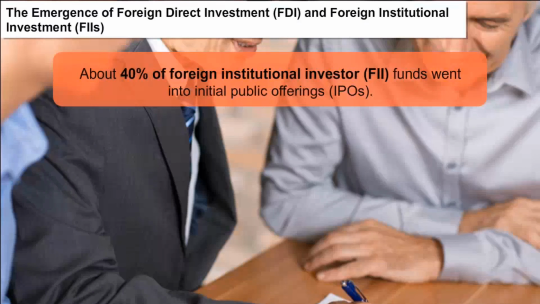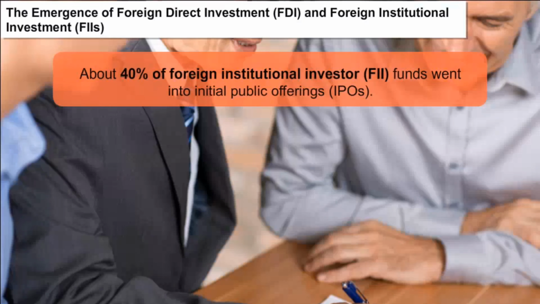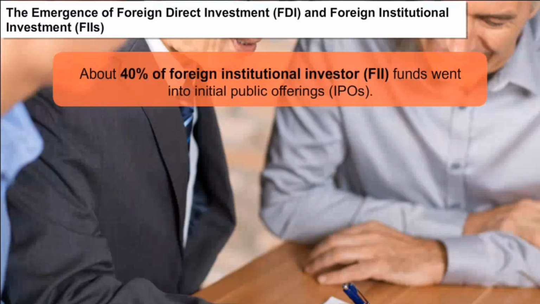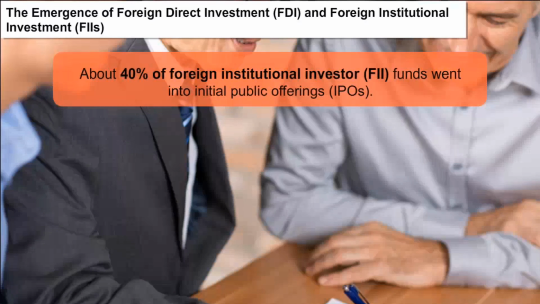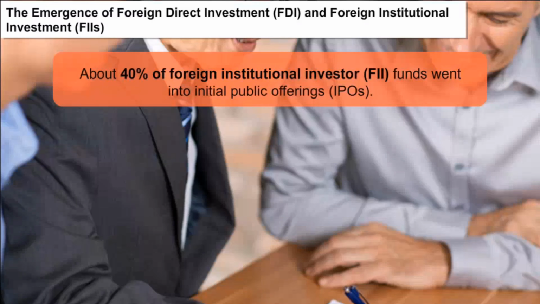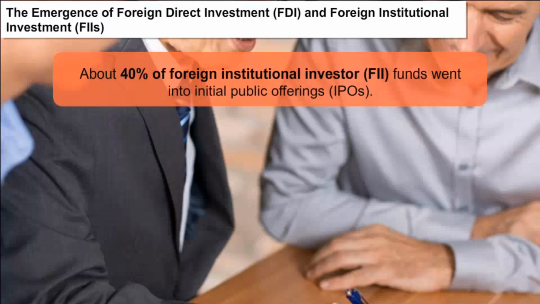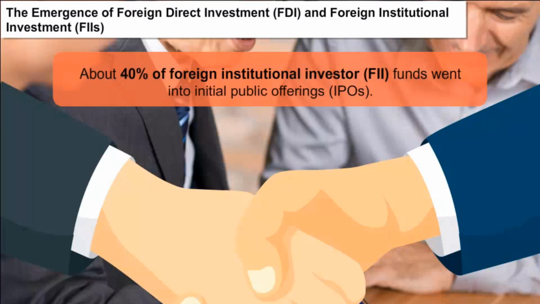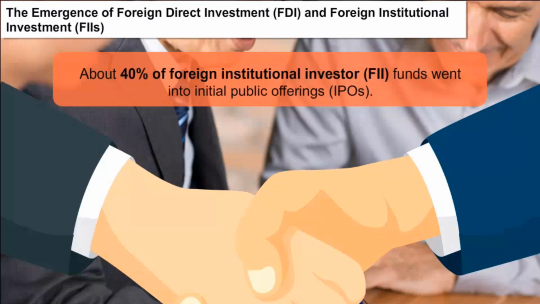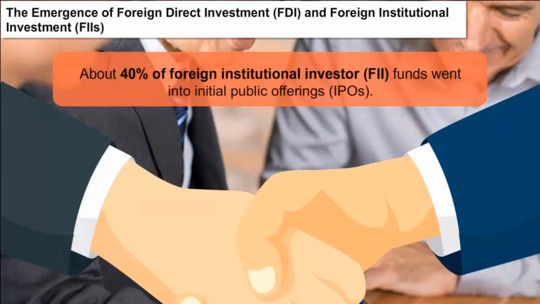About 40% of foreign institutional investor, or FII, funds went into initial public offerings, IPOs, with the initial share sales in the two financial companies acting as the primary drawcard.